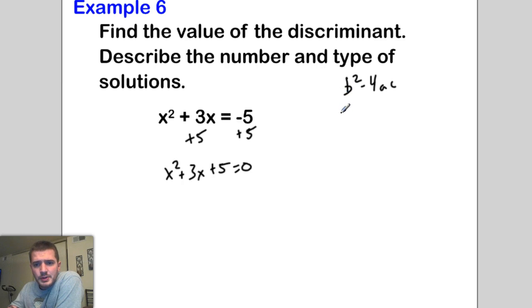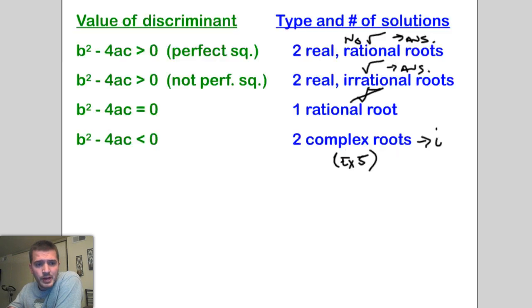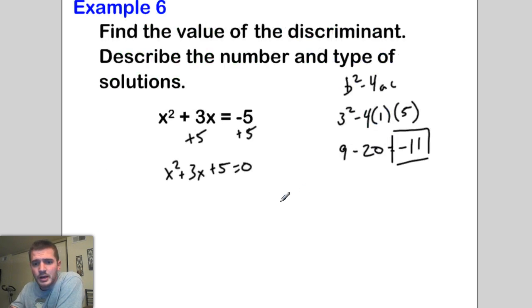So in this case, it's going to be 3 squared minus 4 times a, which is 1, times c, which is 5. So 3 squared is going to be 9 minus 20, so negative 11. So if you go back to our chart, it means that we're going to have 2 complex roots whenever the discriminant is less than 0.